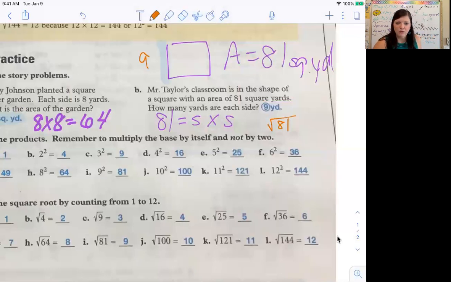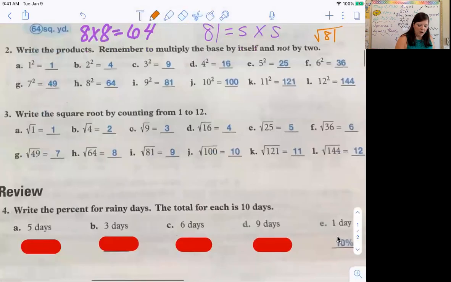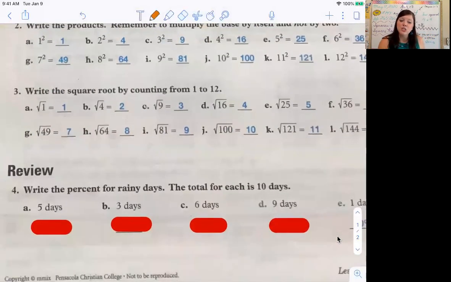Now, before we leave, let's go down to this bottom section, the review. Let's do this first review section together. It's reviewing percents, and I think if we review section 4 together, you're going to do great with sections 5 and 6 on the review section on the back. So here we go. Remember, percent means out of what number? 100. That's right.